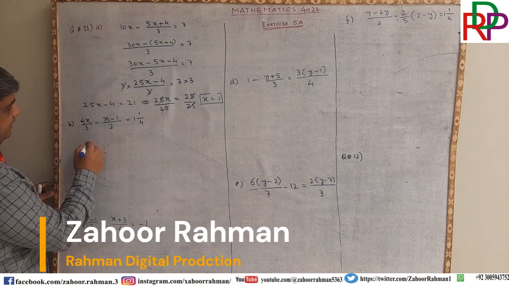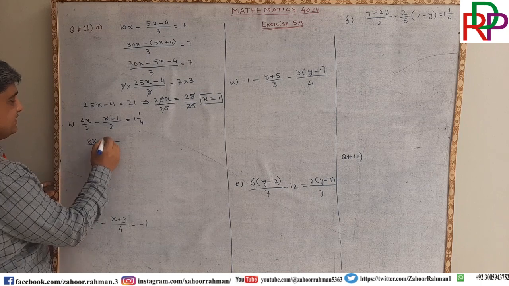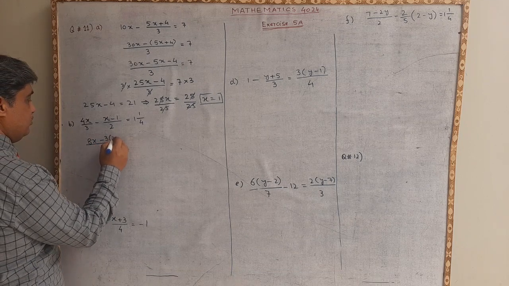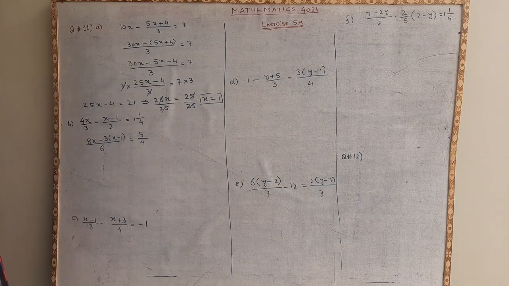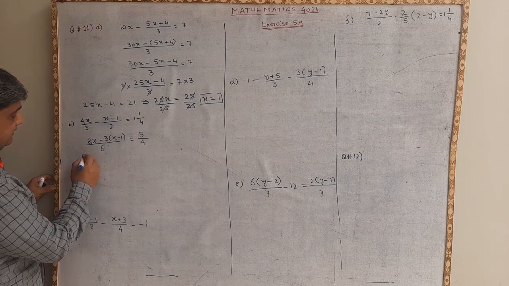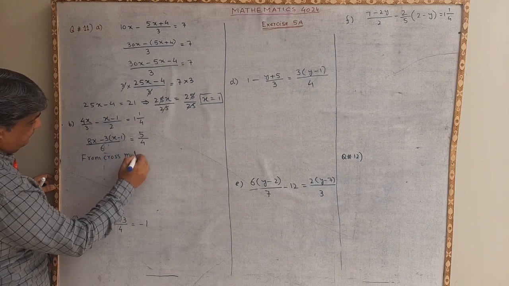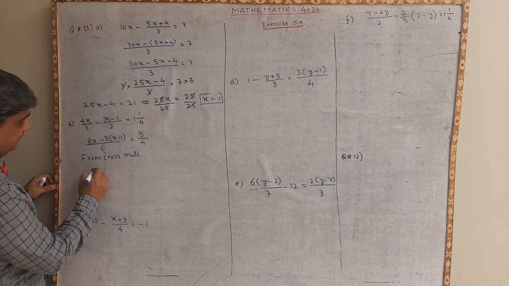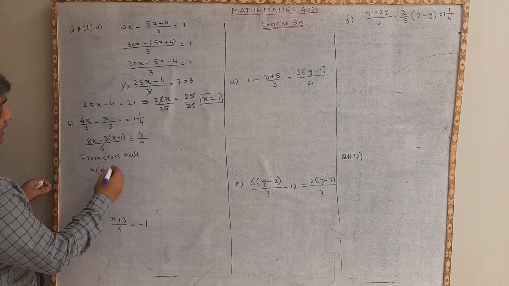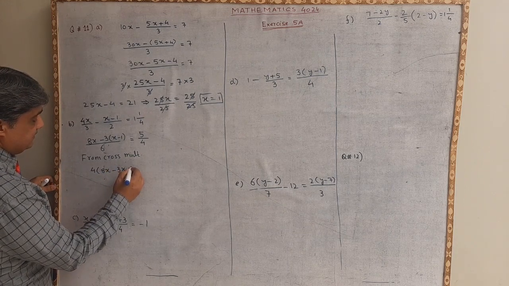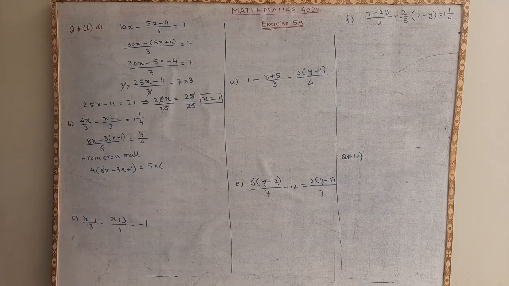Now here I have to take 6 as the LCM, and that will be 8x minus 3 into x minus 1 is equal to 5 divided by 4. From cross multiplication, we will get 4 into 8x minus 3x plus 1 is equal to 5 multiplied by 6.